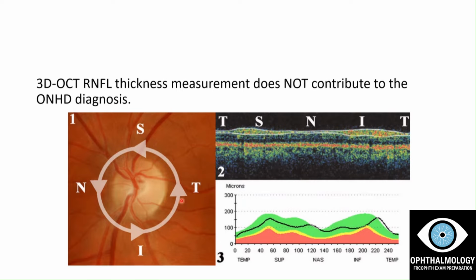So this shouldn't be affected in optic disc drusen. However, if there is true swelling and the RNFL is really swollen beyond this point, it will be captured by this map.